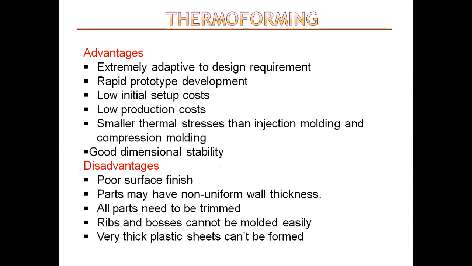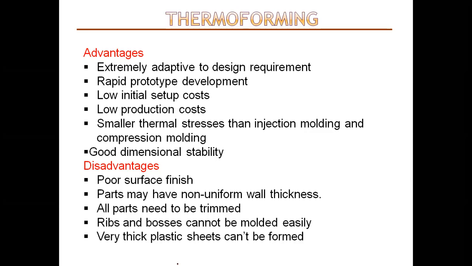Now, let us see the limitations of thermoforming. The surface finish in the thermoforming process is poor, the wall thickness of the parts is non-uniform, and the manufactured part needs to be trimmed. Apart from this, ribs and washes cannot be produced easily in the thermoforming process.